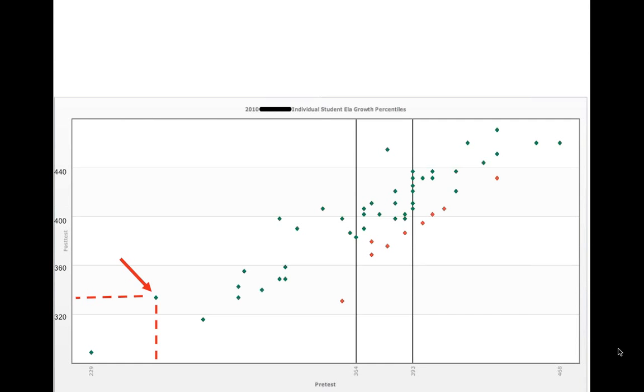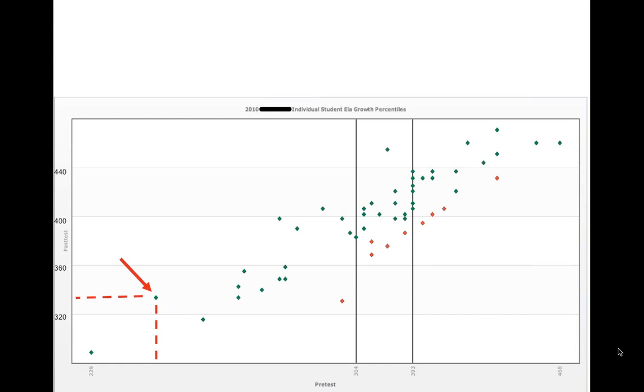Did you notice that some of the dots on this teacher scatter plot are green and others are red? Green dots represent students whose learning growth was above average. Red dots indicate students whose learning growth was below average. Pause the class and compare the number of green dots to red dots on this teacher scatter plot.